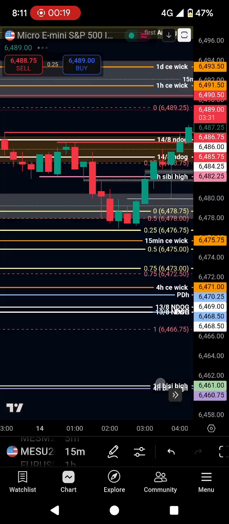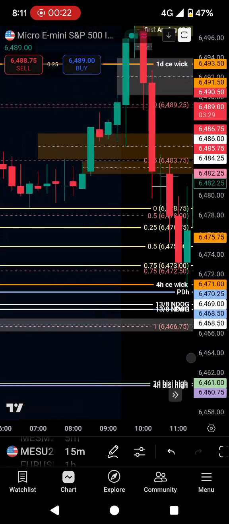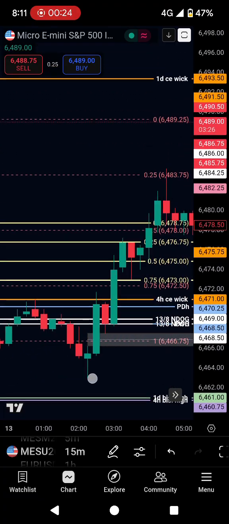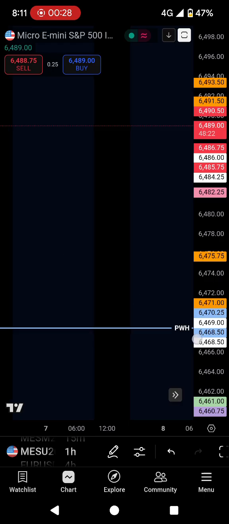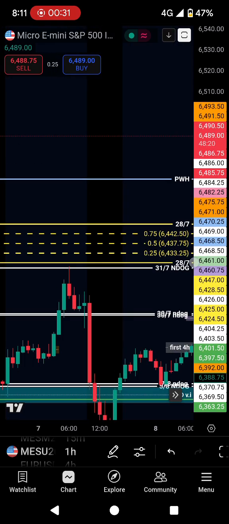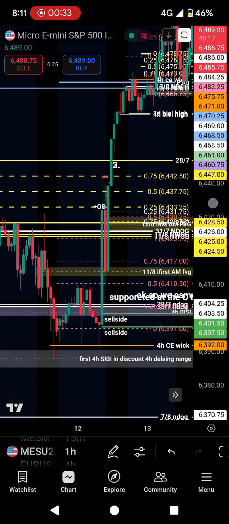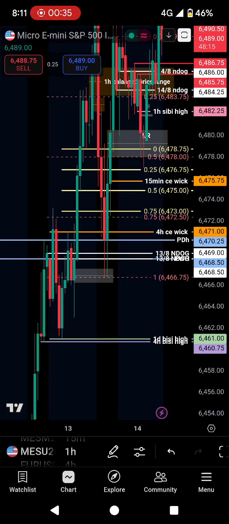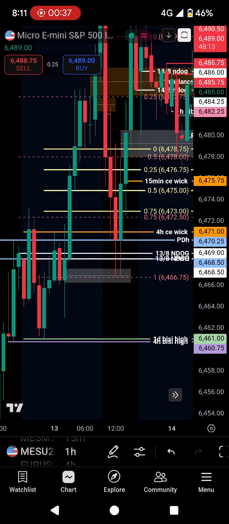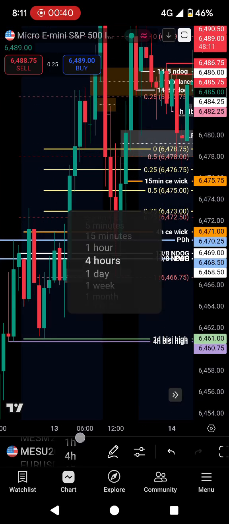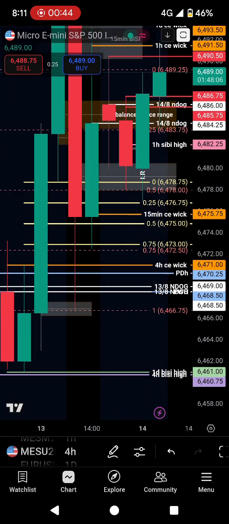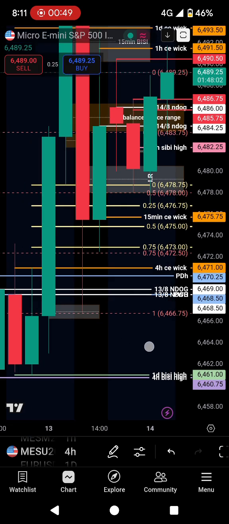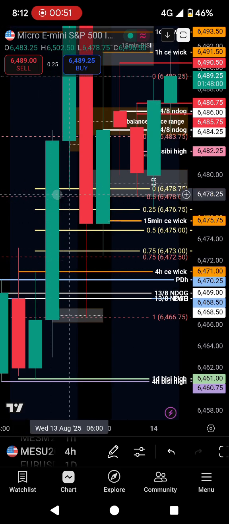It's definitely the 1 hour or the 4 hour. I probably shifted it just now by accident. Okay, definitely it's the 4 hour. So 4 hour, yeah, the high here. Okay, this was the 4 hour BC.